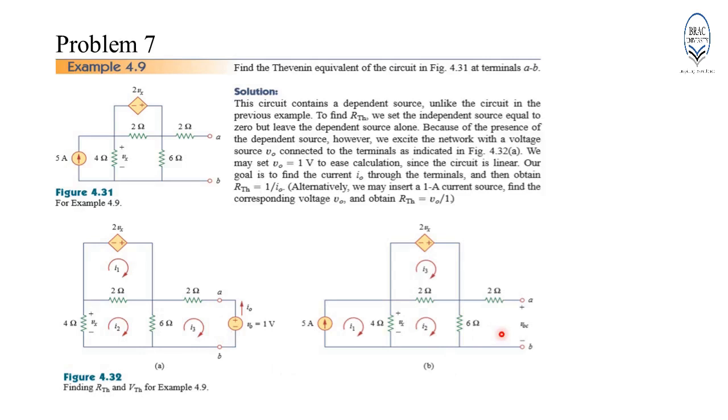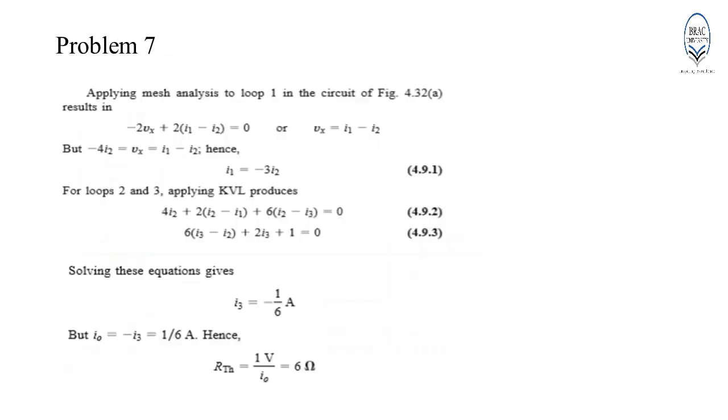While determining the open circuit voltage VOC, the procedure is the same as we have used in the previous examples. So, applying mesh analysis, we determine the value of I3, which is equal to minus 1 by 6 ampere.